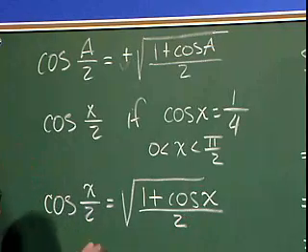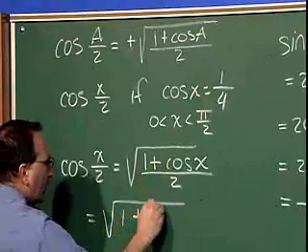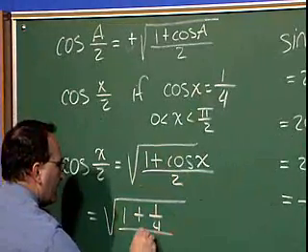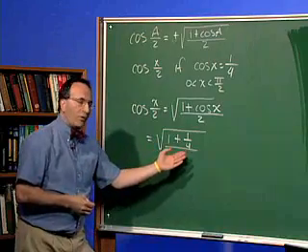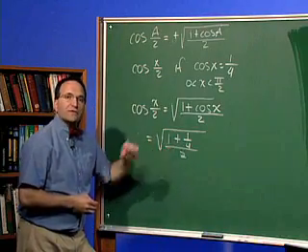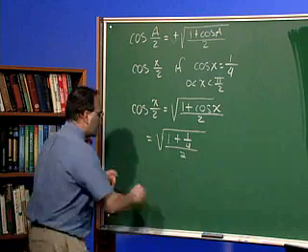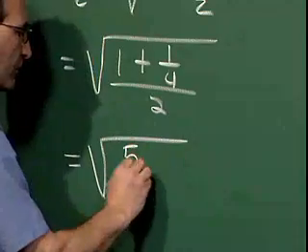But we know that the cosine of x is 1/4, so it's 1 plus 1/4 all over 2. To combine the 1 and 1/4, we have to change the 1 to 4 over 4. Add to 1 over 4 gives me 5 over 4. So this will be equal to the square root of 5 over 4.